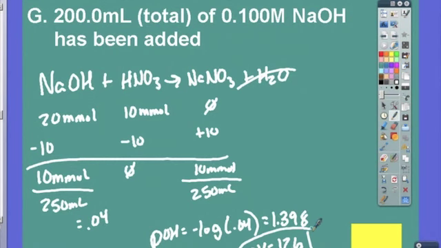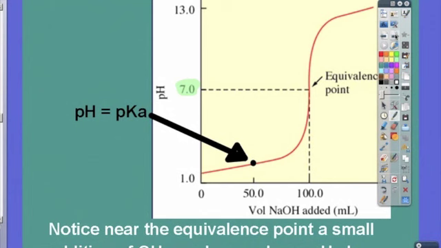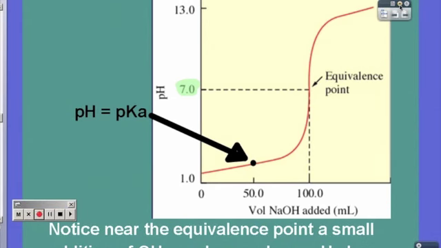You also need to be able to read titration graphs. So on this one, first, you need to figure out what's being titrated by what. If you look at our pH, we're starting at a pH around 1, which means it must be a strong acid.